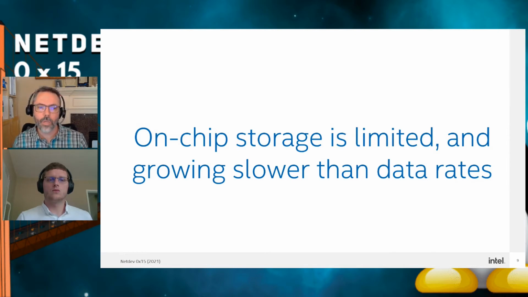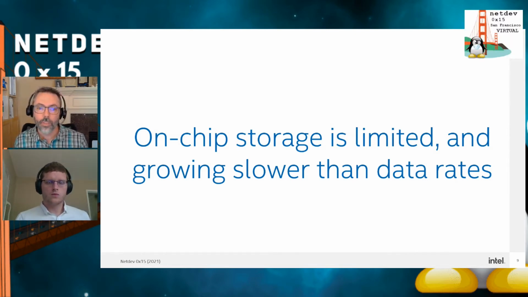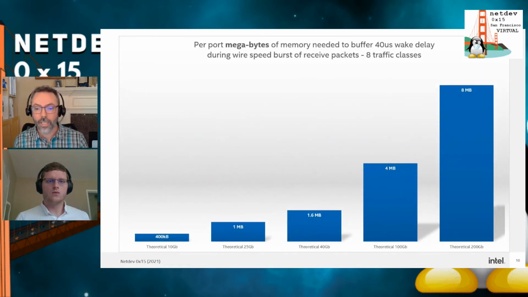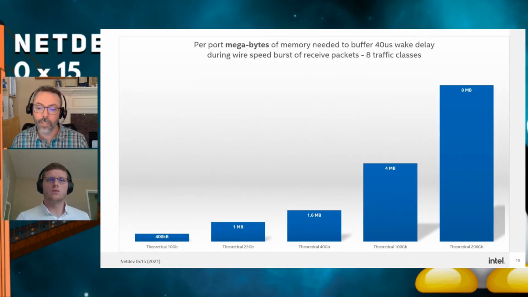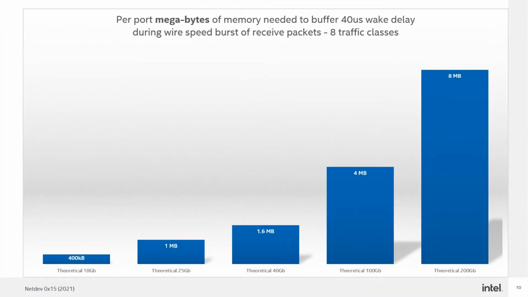This is really creating a problem for us in that we're storing data on our NIC to cover basically the ability to buffer across that DMA latency, or the DMA wake-up of the package C state. This slide shows us how much storage you would need to cover that 40 microsecond wake from PC6 to PC2.